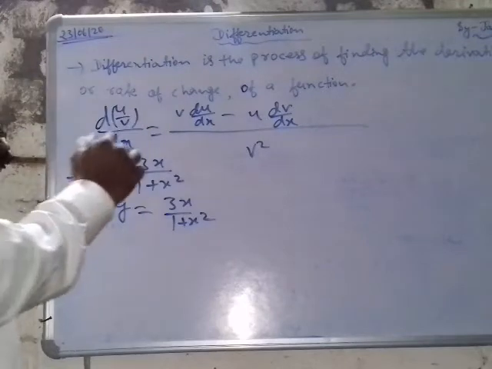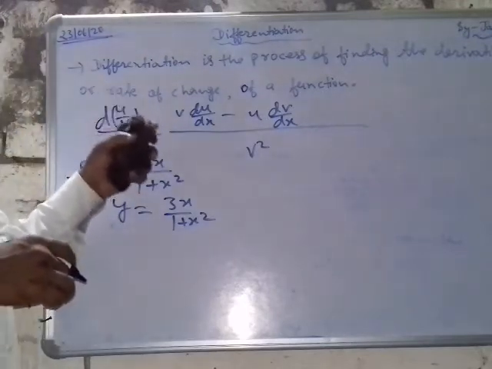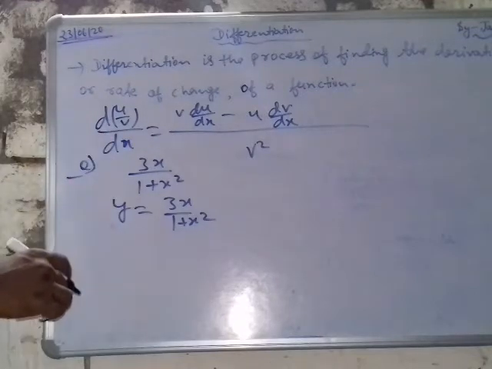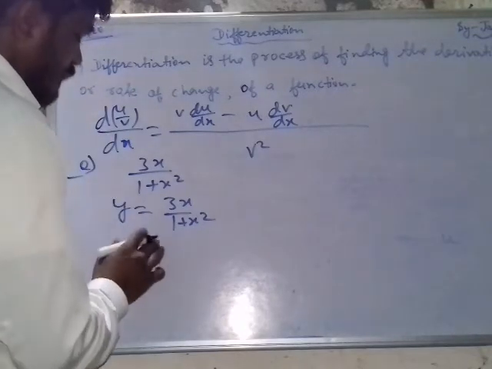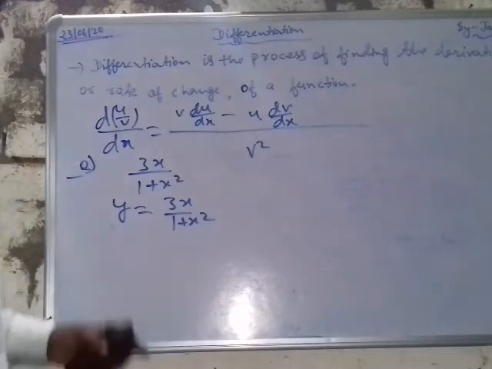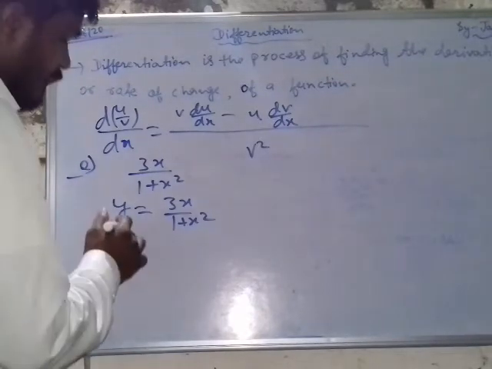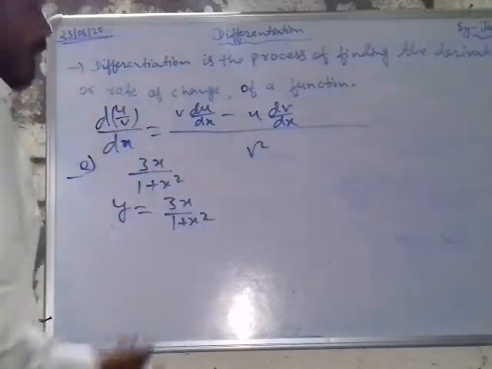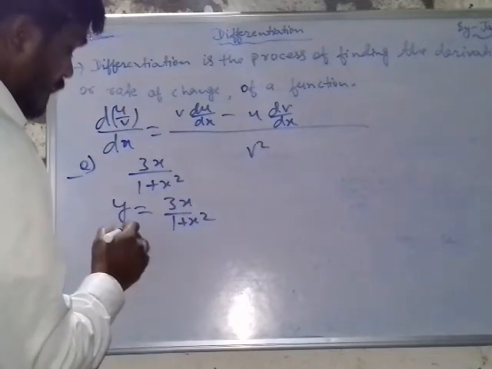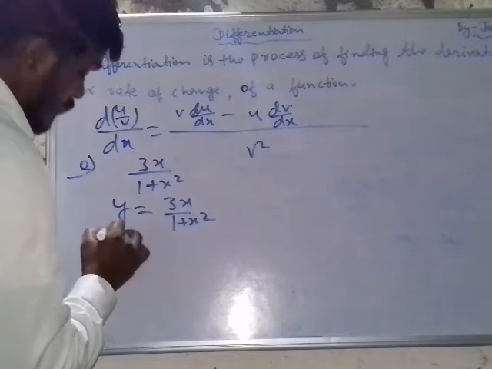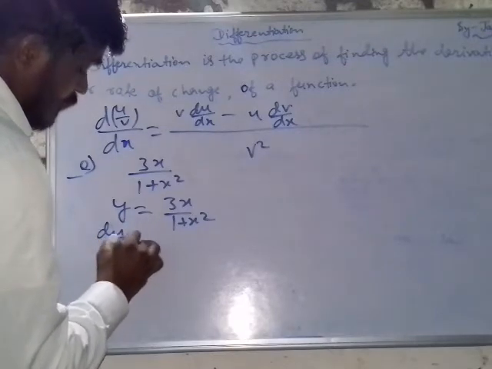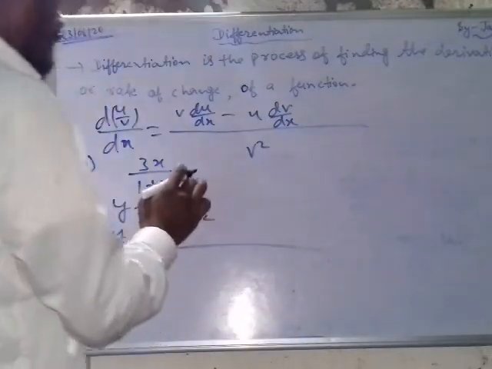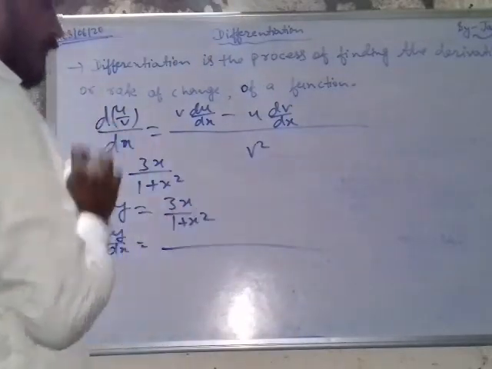Then we differentiate it by using the formula for differentiation of u by v, with respect to x. Okay, dy by dx equals to how much? This is the u and this is the v.